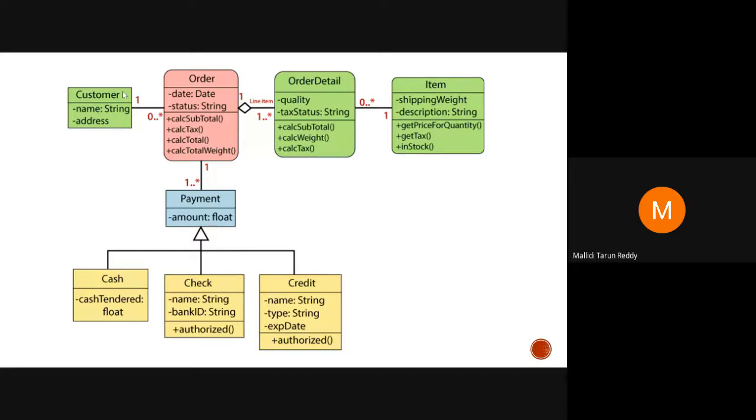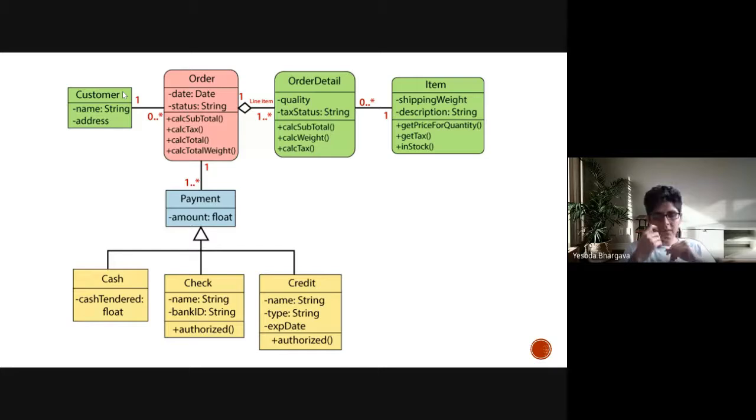So we are slowly moving from the conceptual design, the high level design, into a detail level design. And the more detailed the design is, the more helpful and assisting it is in the implementation stage. Because once you have at least your class diagram ready, when you're actually sitting to write the code, at that point of time you will not think, okay, this is the attribute that I need to put in customer, this is the attribute I need to put in order, these are the methods that need to be associated with order class or item class.